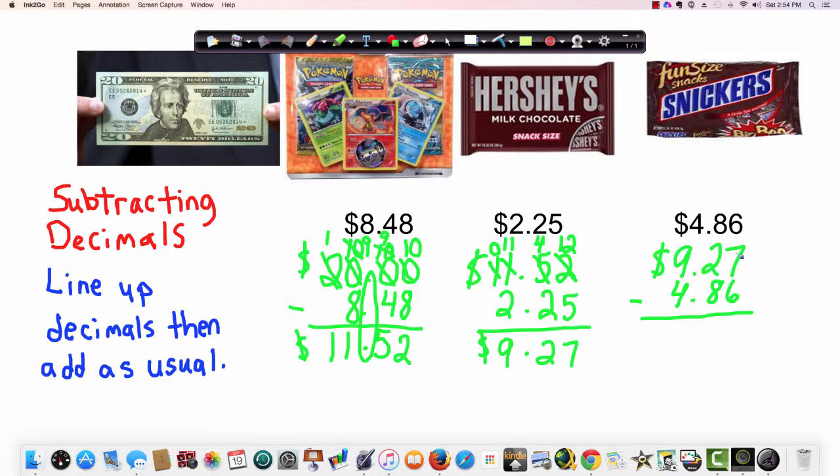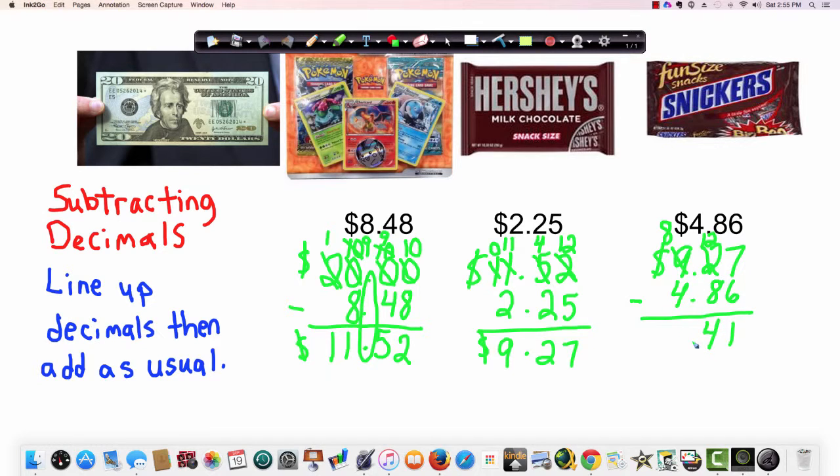We come over here, and in the hundredths we have 7 minus 6, and that equals 1. In the tenths, again, we can't take 8 from 2, so we've got to come over to the ones, and we're going to take 1 away, and then we're going to add that to the tenths so that we have 12 tenths now. And 12 minus 8 is 4.